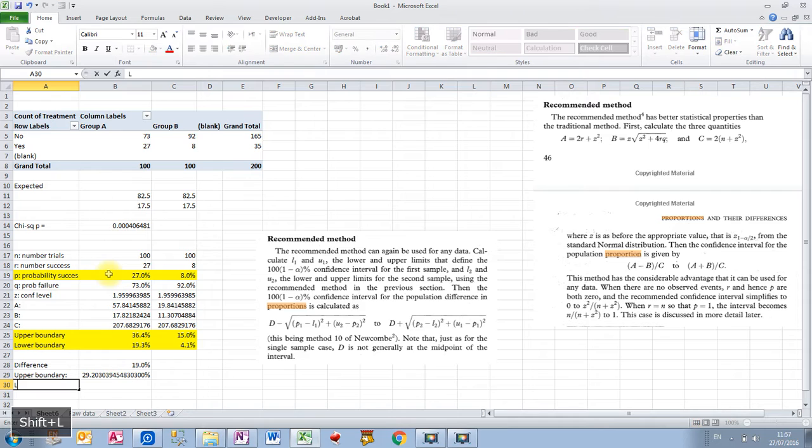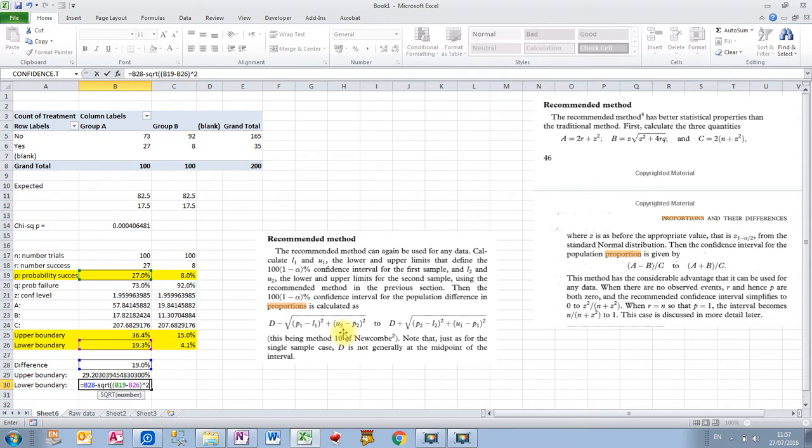Okay, and then my lower boundary. The formula for the lower boundary is D minus all of this. So D is 19% minus square root, and another set of brackets open up. So it's P1 minus L1 squared. So P1 minus L1, close the bracket and square it.